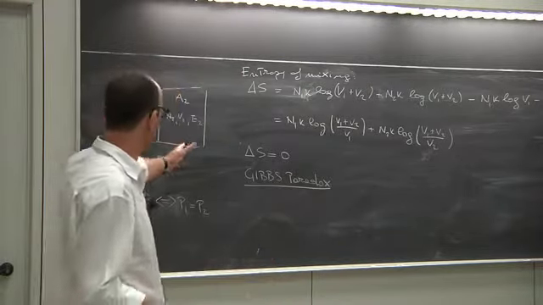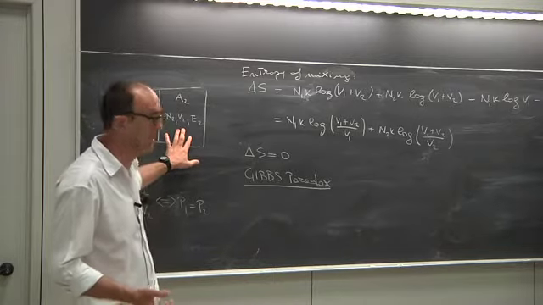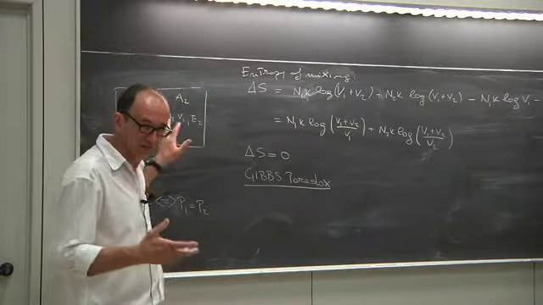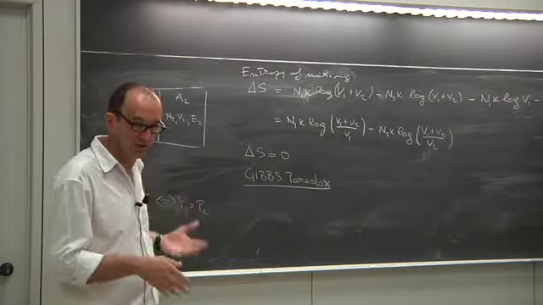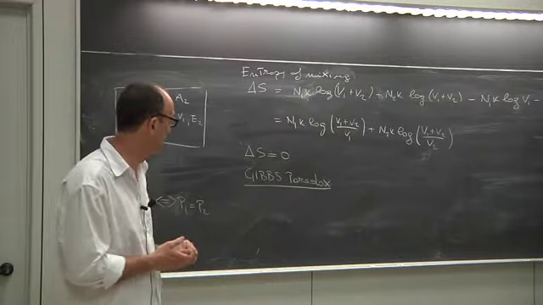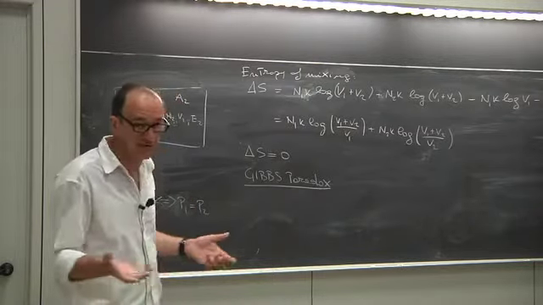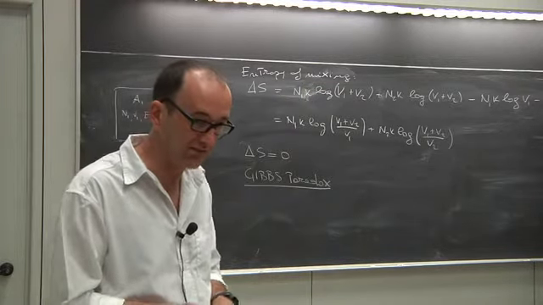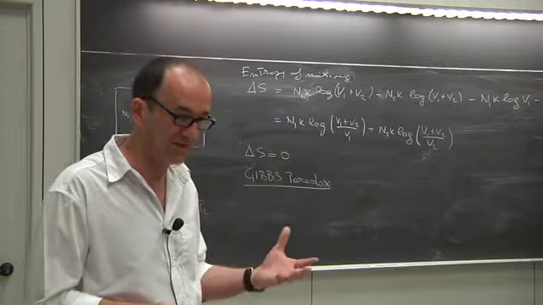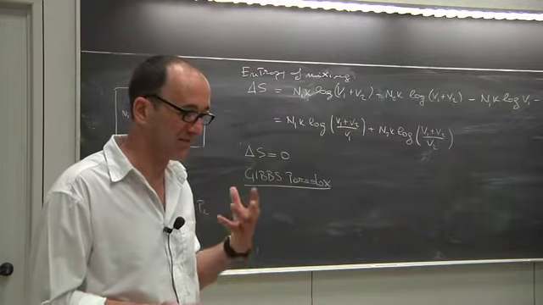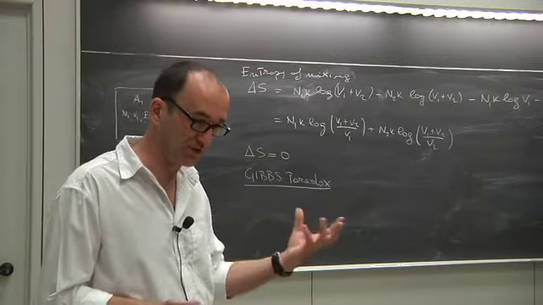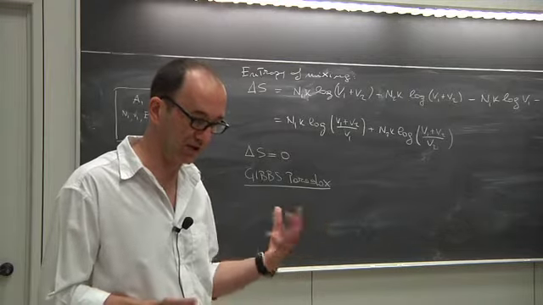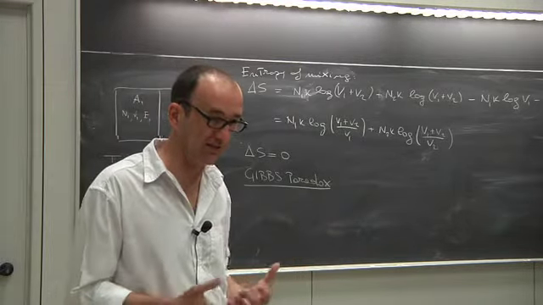So I can do some experiments which detect this, and this is related to information. So there is some variable which I can measure, and from which I can say that the two states are different.